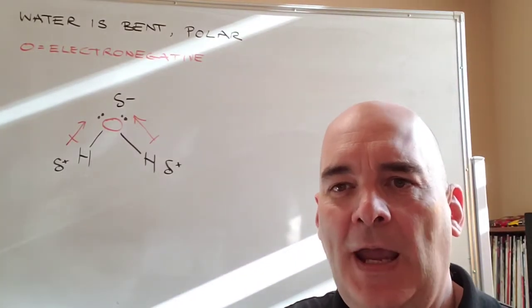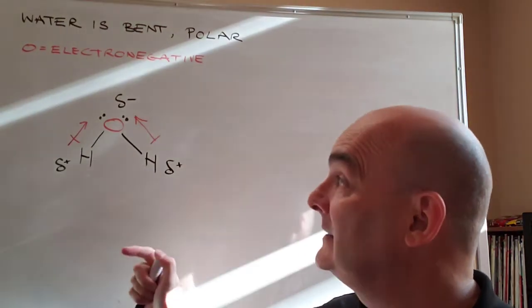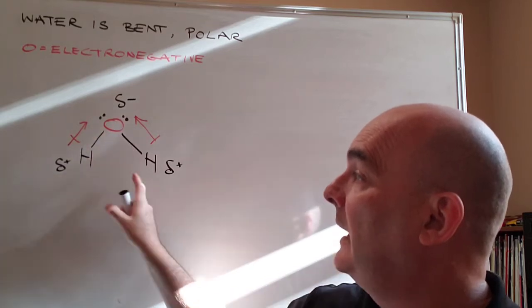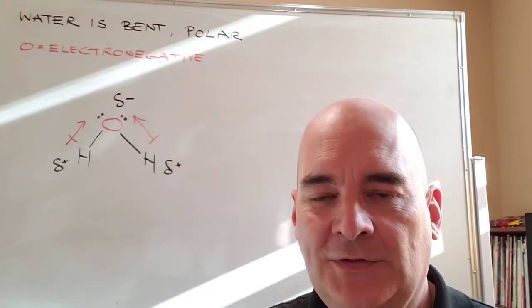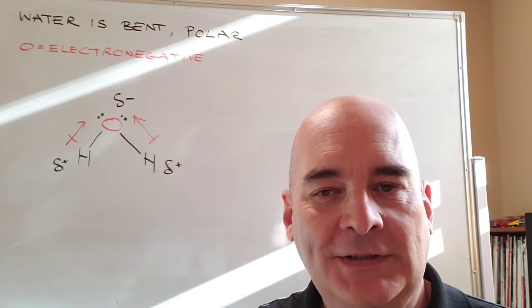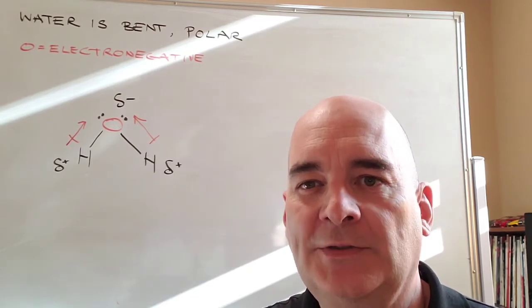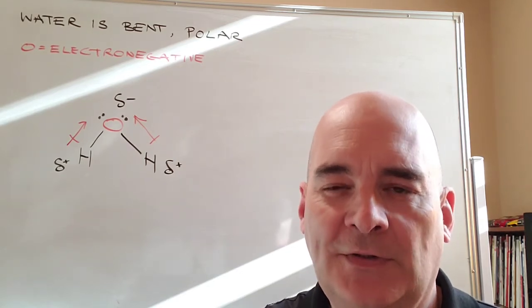This means that every molecule of water, because it is bent, has a negative end and two positive ends. And we know that positives are attracted to negatives. So these waters are going to stick to each other, and they will stick to other things that are in solution also. Let's look at those types of interactions.